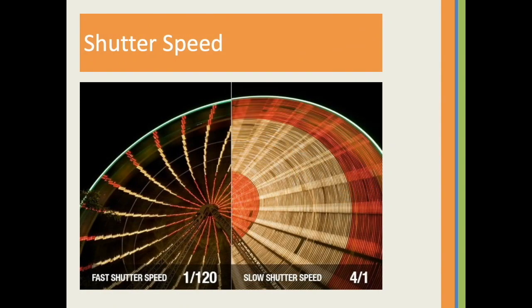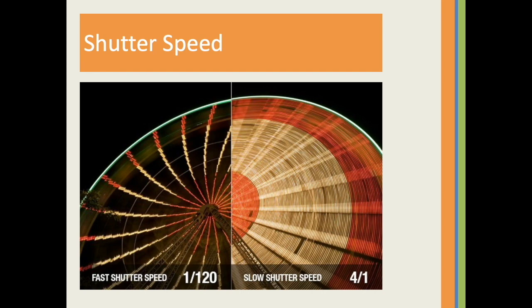Let's talk now about shutter speed. The creative function of shutter speed is either to imply motion or to freeze action. And shutter speed, as I've said before, stands for the length of time the camera shutter is open to admit light into the camera and expose light onto the camera sensor.